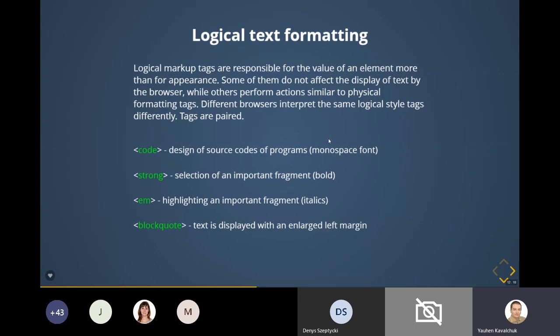In code, for example, you describe some programming snippets. When you use the strong tag, you want to show that this information is important. It's not a heading, but this information is still important on the page. EM has a logical meaning, and it's just highlighting some important fragment in your text. Blockquote is just a quote.